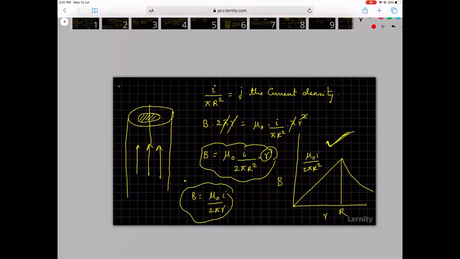This is the fourth application, the magnetic field inside a current carrying wire. If you can make notes, we will move on.